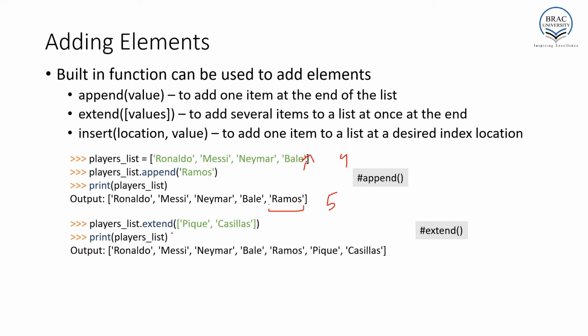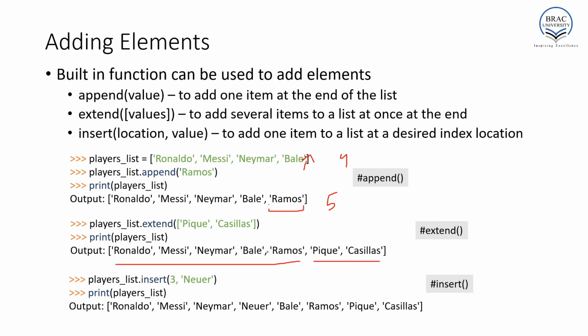I am using the extend function. Inside the extend function, I am passing a list of strings which I want to add to the players list. If I now print the players list, as you can see, Ronaldo to Ramos is printed right here, and at the end PK and Casillas are appended to this players list.